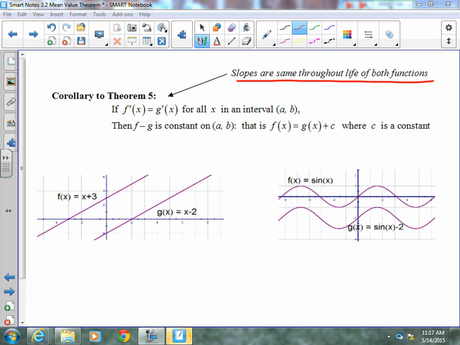Meaning, if I take f minus g at any one x value, those red lines are all the same length. Same thing happens here. They're all the same, so that bottom function plus that value will get you the top function. So, again, a little bit more of a common sense function as well.